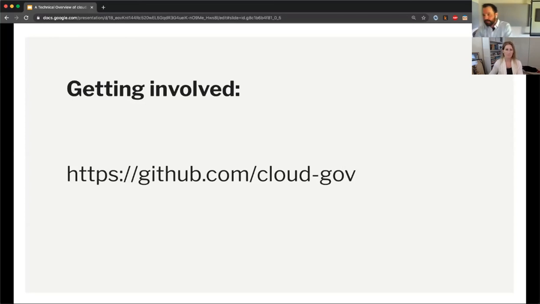Just to clarify, those are the new brokers that use the direct AWS backing services. So those are different than the existing service brokers for Redis and Elasticsearch that we have today, which are not using the Amazon backed services.